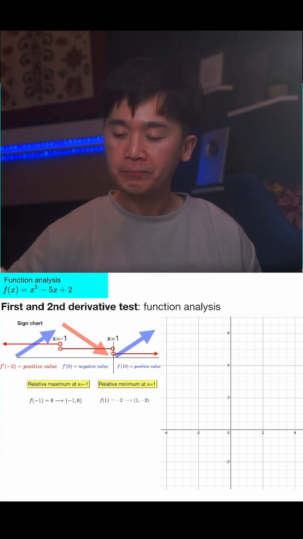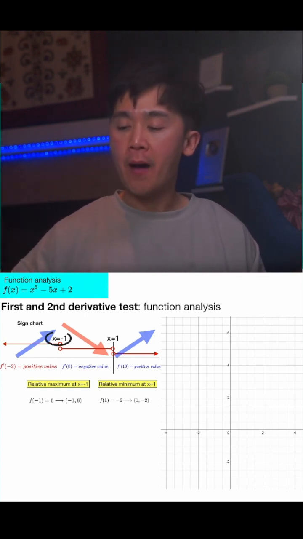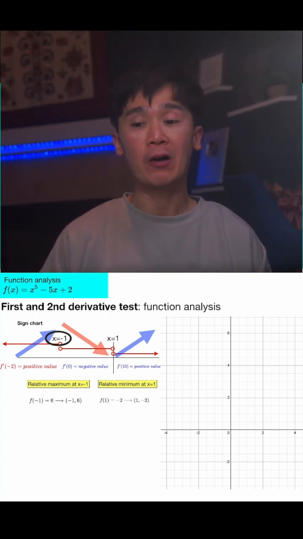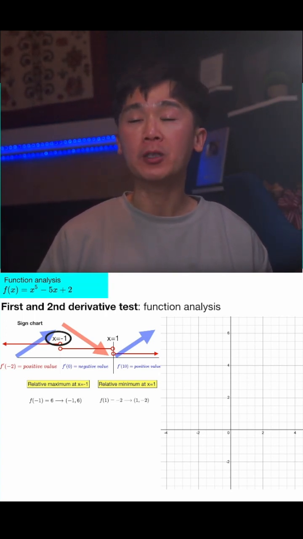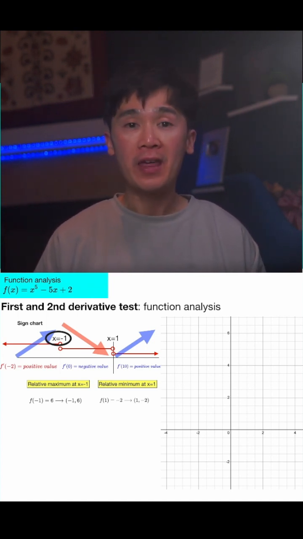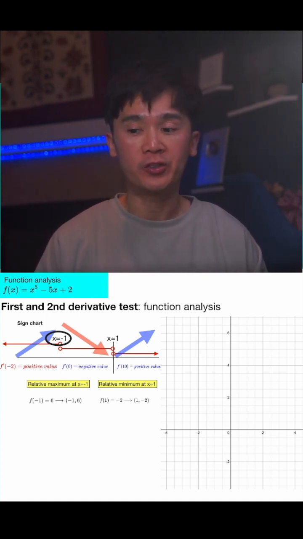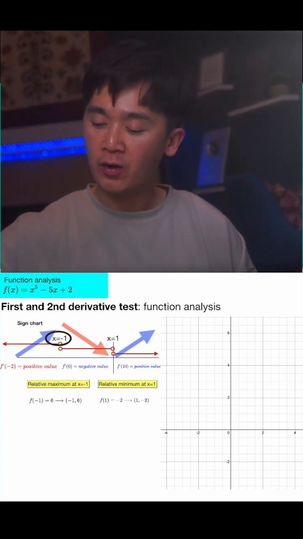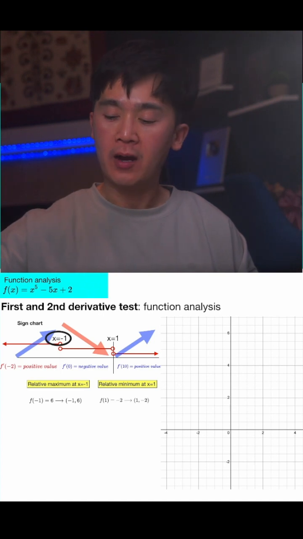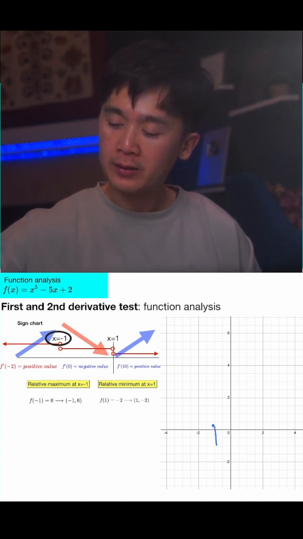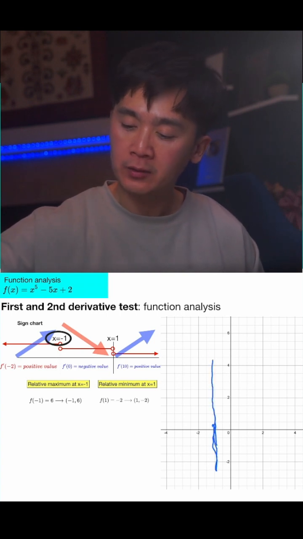And here, aside from finding the values or the analysis for our function, we'll also be able to sketch the graph of our f of x without the aid of Desmos or a graphing calculator. At x equal to -1, that's our first critical number, or our first interval.